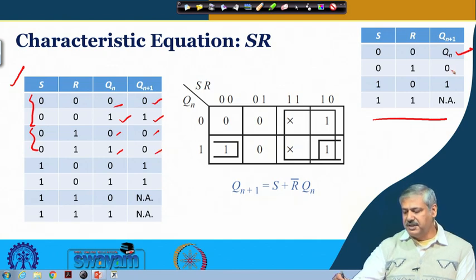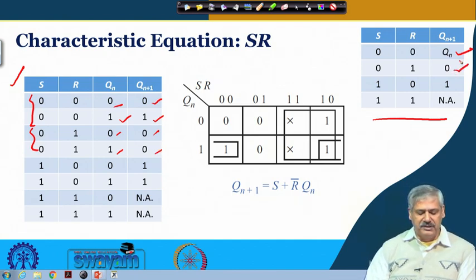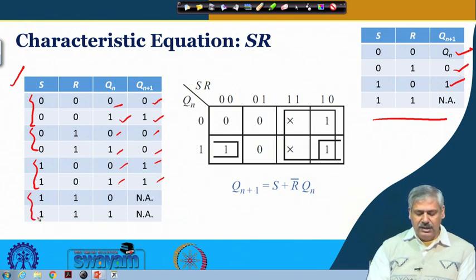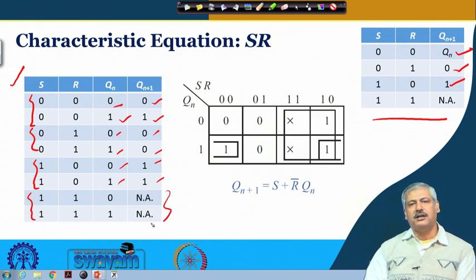When it is 1 0, it will be set irrespective of the previous value, it is 1. And when it is 1 1, it is not allowed.